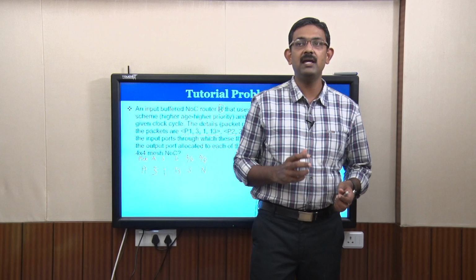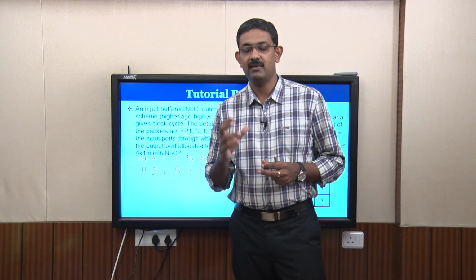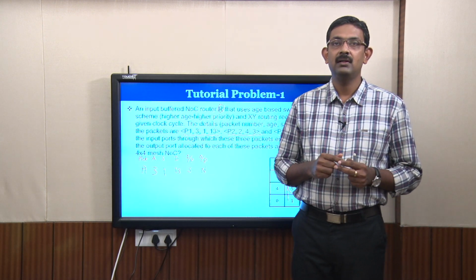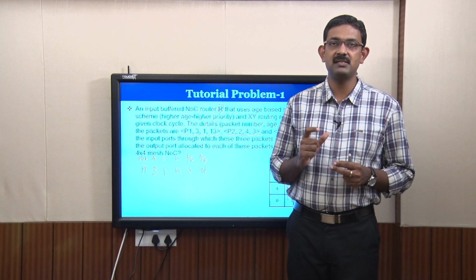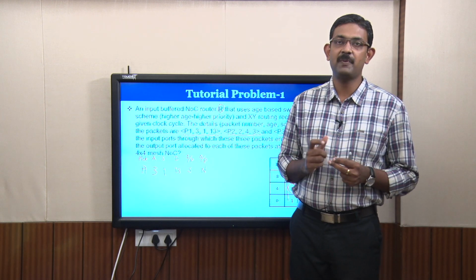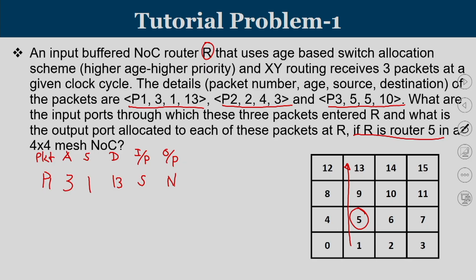So, for the first packet P1, age is 3, source is 1, destination is 13, and it arrives through the south input port of 5.